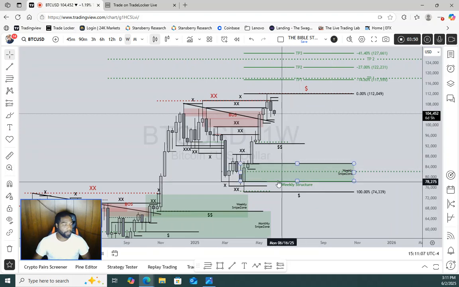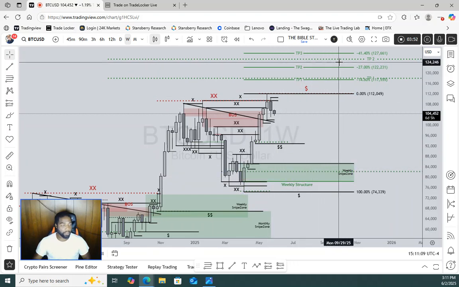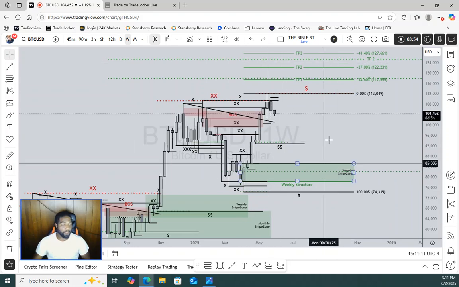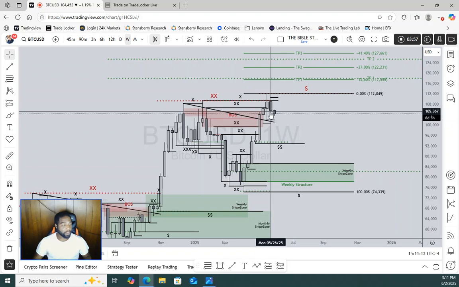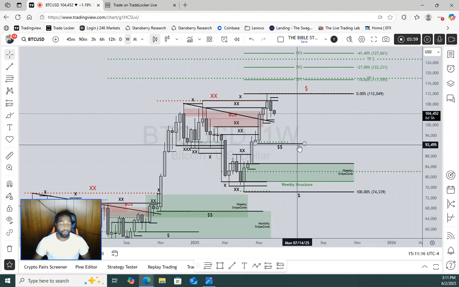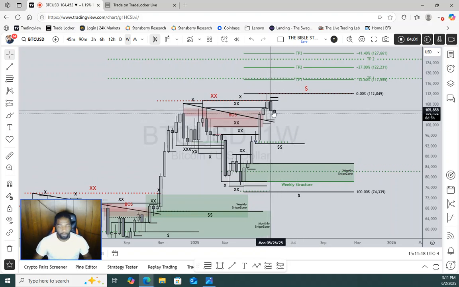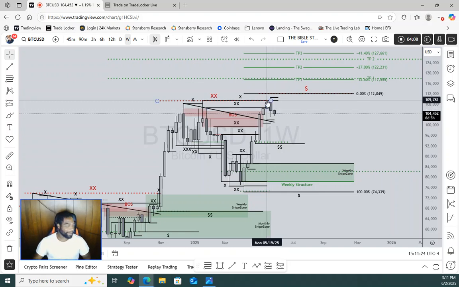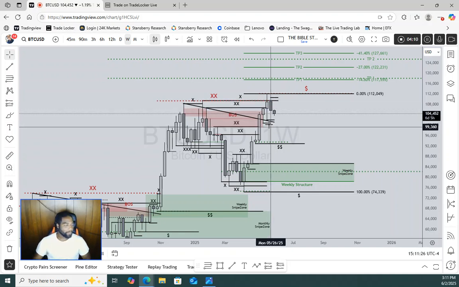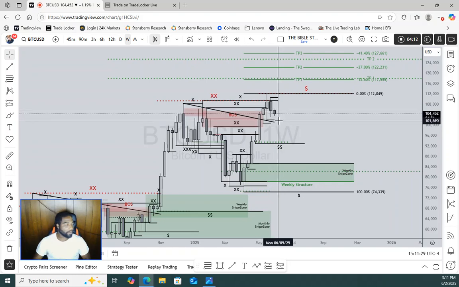You know what I mean? But based on the price action over the next few weeks, we will determine where Bitcoin's next fate is. But again, we're in a retracement phase here on the weekly.